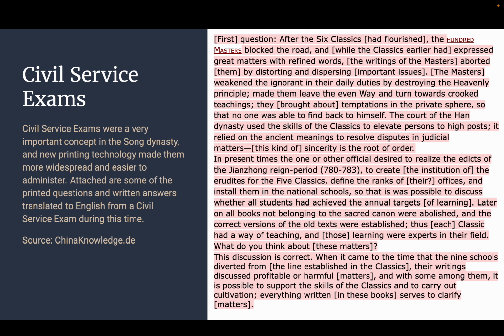I think it is a little broken up since it's translated to English, but you can see that they ask, what do you think about these matters? They would give them different political questions and problems, and ask them what they think of the matters, and it also included some of the answers that people wrote.